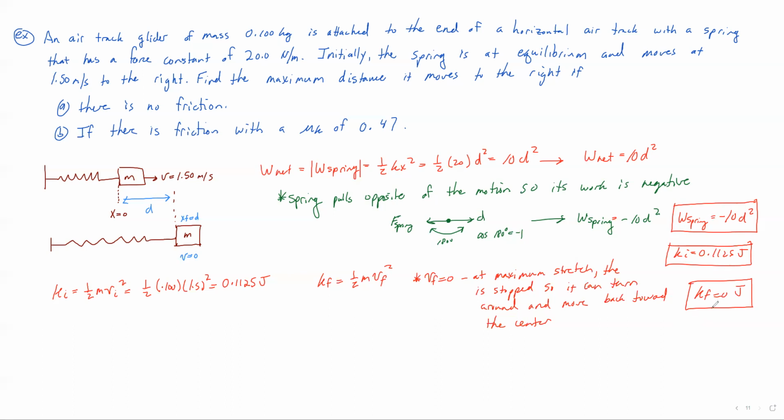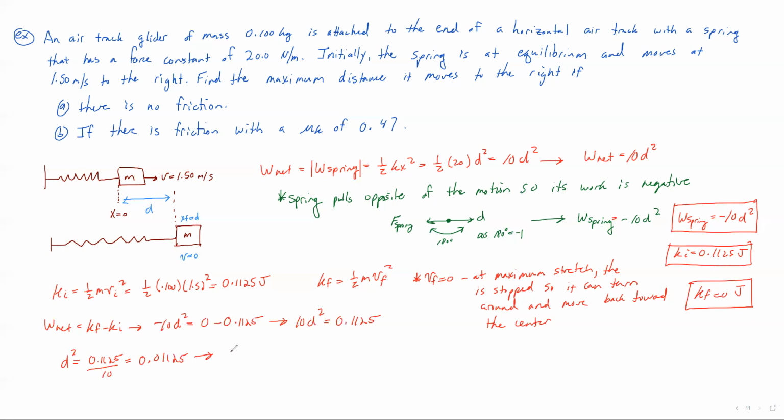Well, what we have is W net equals Kf minus Ki. So I have negative 10 d squared equals 0 minus 0.1125. So d squared is going to be 0.1125 divided by 10, and that's 0.01125.